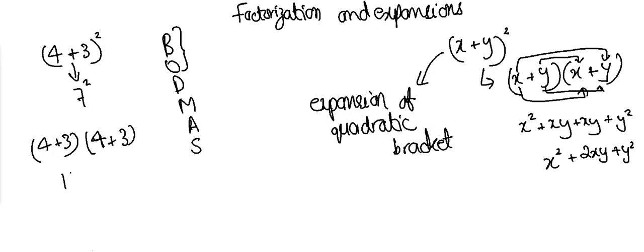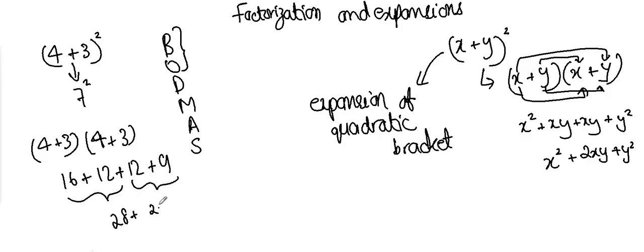4 will be multiplied by 4, giving us 16. Then 4 will be multiplied by 3, giving us 12. Then 3 will be multiplied by 4, giving us 12. And 3 multiplied by 3, finally, giving us 9. So if we add all of this, this is 28 plus 21, which gives us the answer of 49.